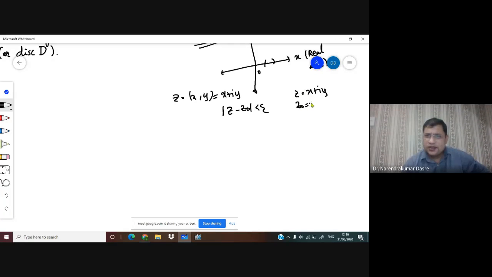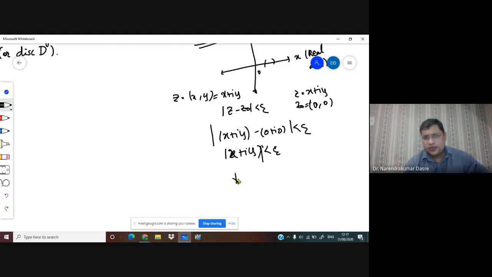Initially we consider the point z0 to be, suppose, our origin. Now let us find out what this is going to be. This is going to be |x plus iy minus (0 plus i0)| less than epsilon. So mod of x plus iy less than epsilon. What this mod is, is the square root of x square plus y square less than epsilon. Squaring on both sides, we will have x square plus y square less than epsilon square.